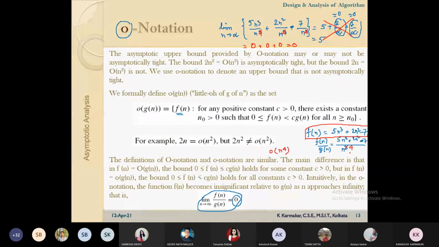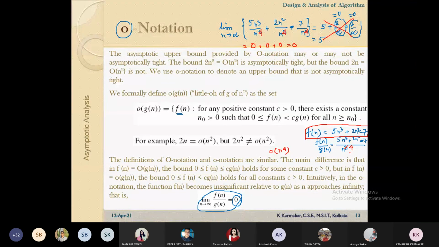Generally, when a polynomial function is given, in small o representation the complexity will be small o of g(n), where the power of g(n) is the next higher power of f(n).